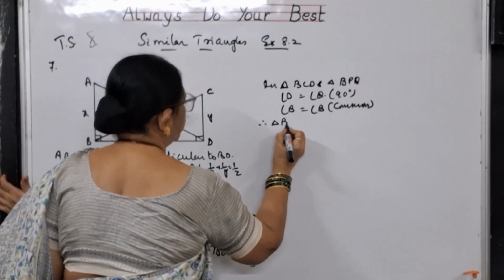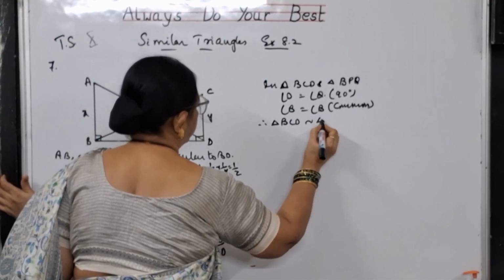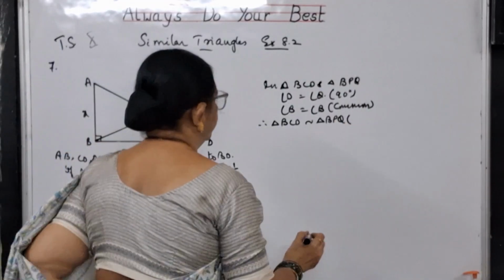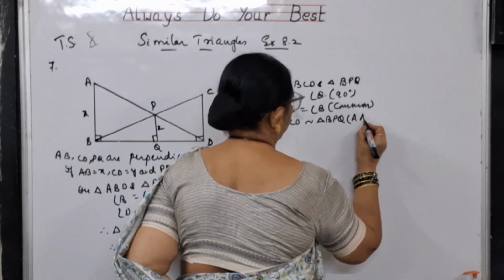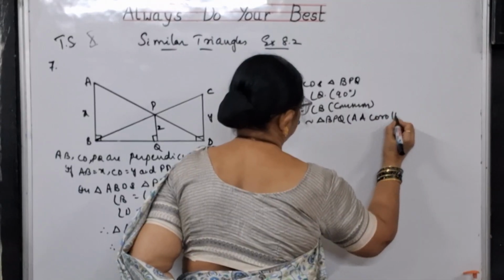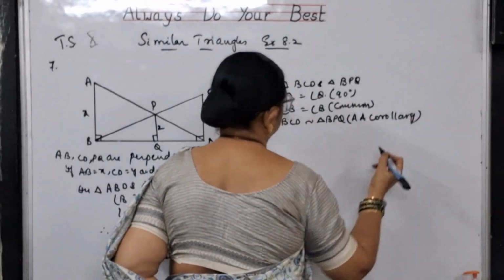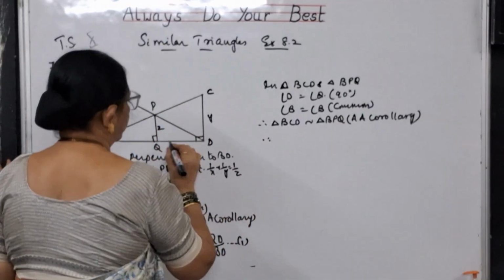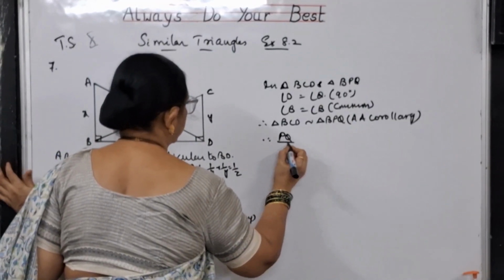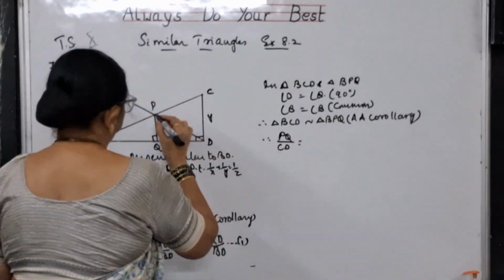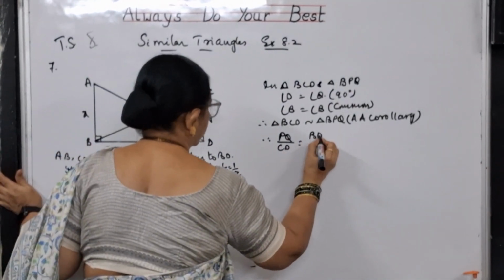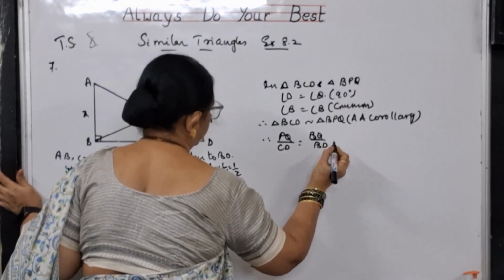Therefore, triangle BCD is similar to triangle BPQ basing on the angle corollary. So when they are similar, I can say that PQ by CD is equal to BQ by BD.